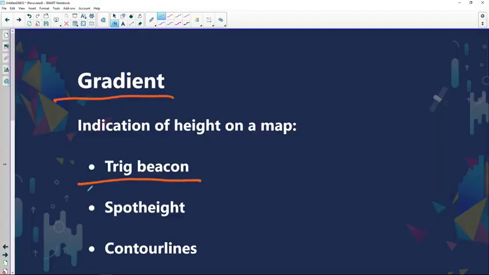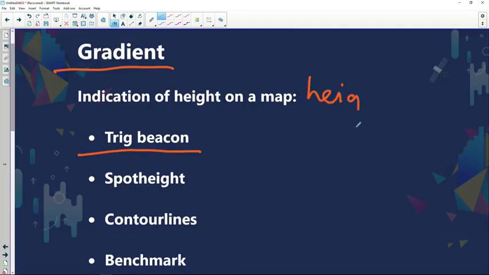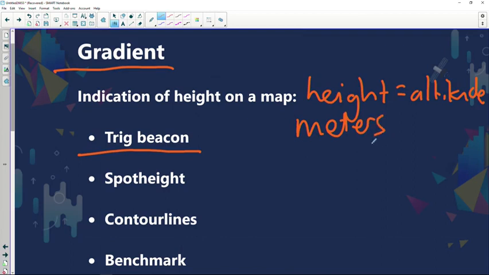The first reference that we use to indicate height is a trig beacon. Very importantly, on a trig beacon there are two numbers, the trig beacon number and the actual height. When we show height, that equals altitude, we measure it in meters.